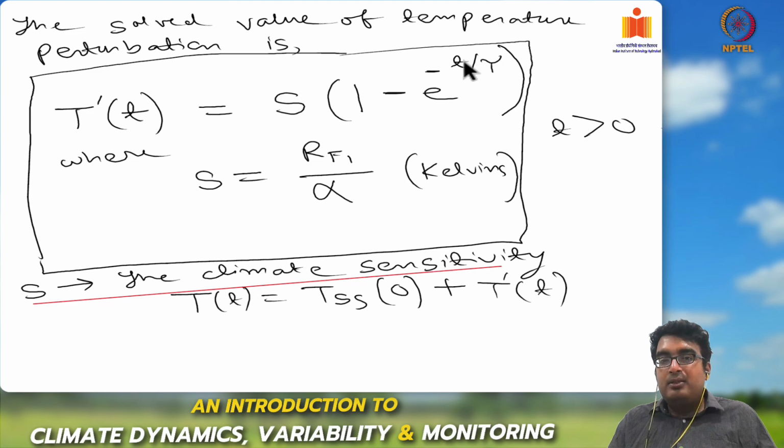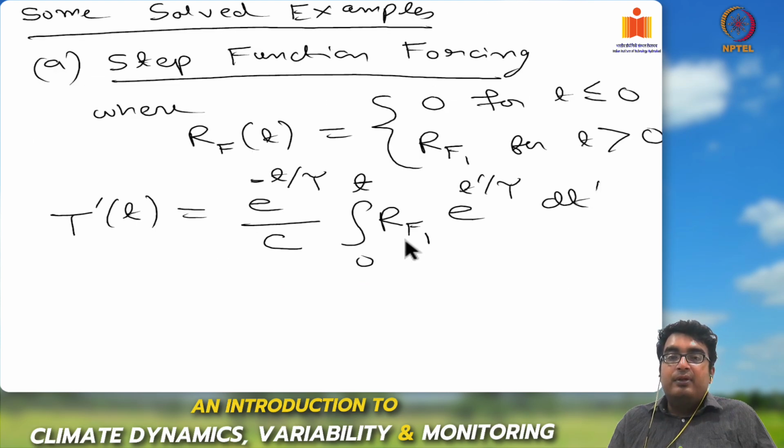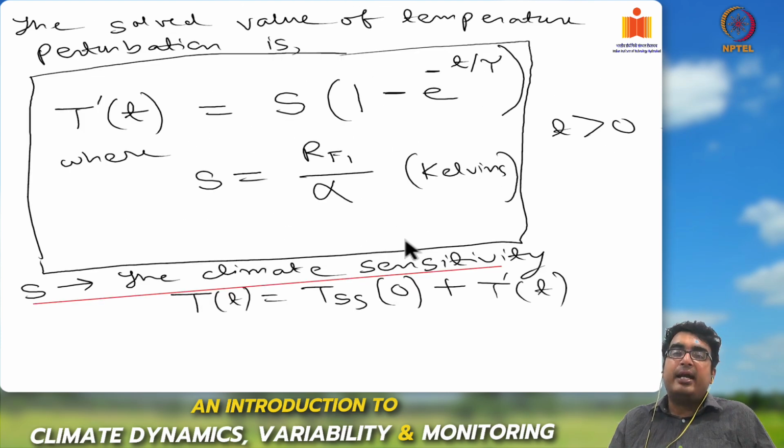So what happens when time is tending to infinity? This becomes e to the power minus infinity, so this becomes 0. So the perturbation term tends towards S, which is the Rf1 by alpha term, as the time becomes longer and longer under this kind of step function radiative forcing expression.